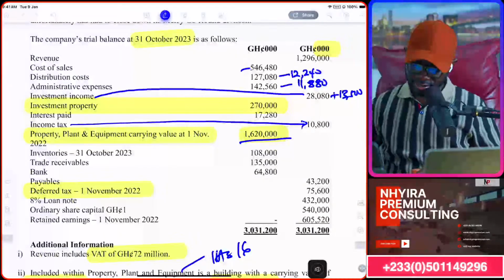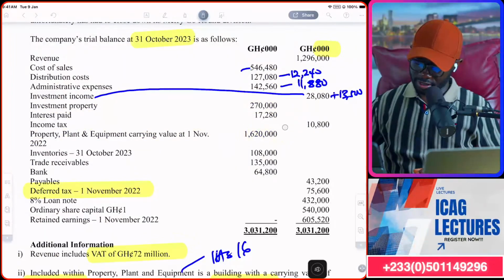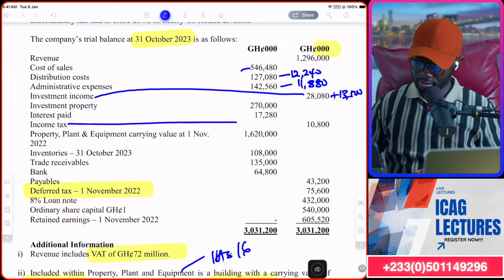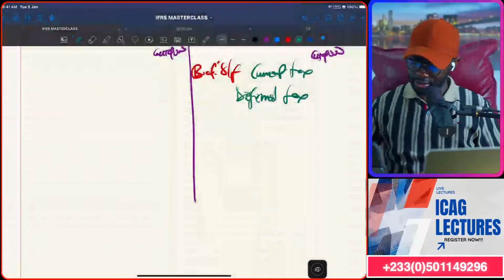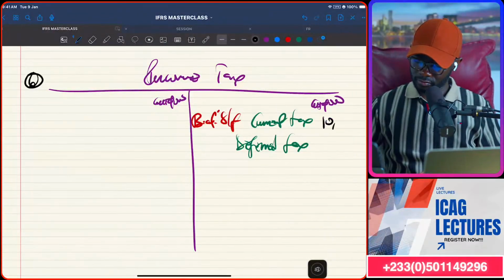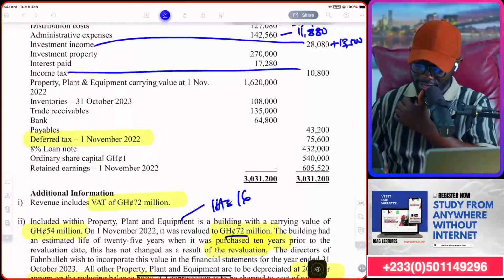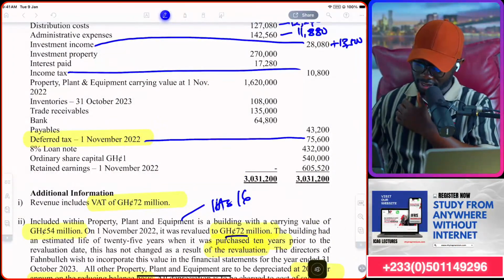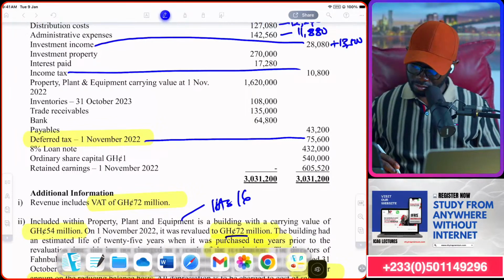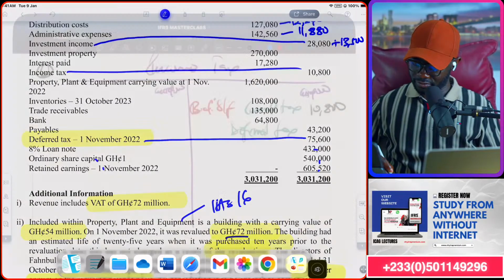So the current tax, let's clean some of the things here, is the 10,800. Deferred tax at the beginning of the year, I think is 70... 75,600.